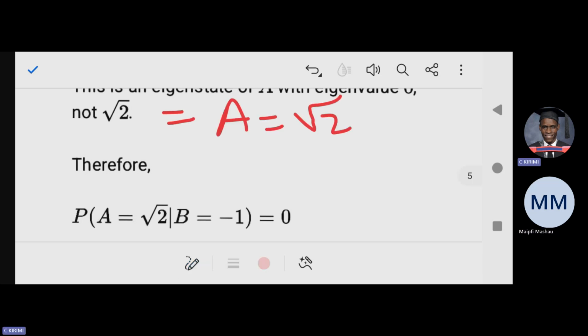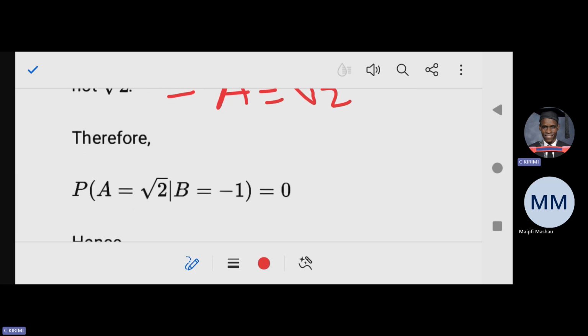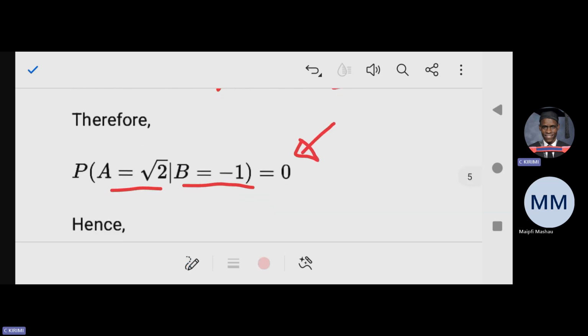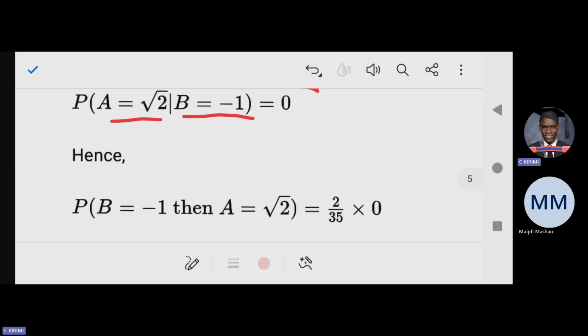So the probability of having A root of 2 and B negative 1 is 0, since it's not there in our eigenspace. The one that we found for B negative 1, the probability existed, it was 2 over root of 35, that one which we calculated.